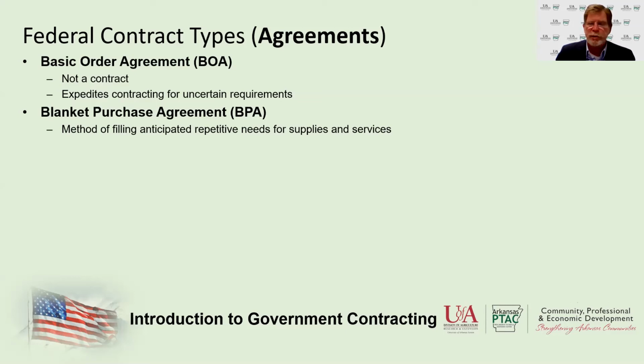You bid, they accept your bid. That's the way it's going to be. That's why it's so important to read and know. You have some basic order agreements that would not necessarily be considered in the contract realm. You have a blanket purchase agreement. And again, the federal government and the state government have a multitude of processes whereby they make sure that whatever they need, whenever they need it, there's a vehicle whereby they can get that product or that service.